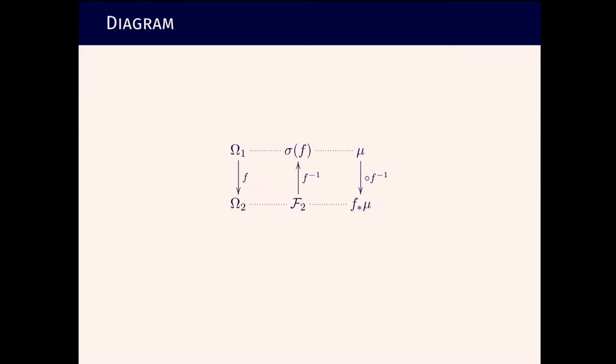And finally, this magic diagram here, which says that from a simple object, such as a function, which does nothing but associate points of one sample space to points of the other sample space, we can construct a pullback map that will take a sigma algebra from the target space and give us a sigma algebra on the source space. And we have also seen the push forward, which is a map that will take a measure on the source space and give us a measure on the target space.